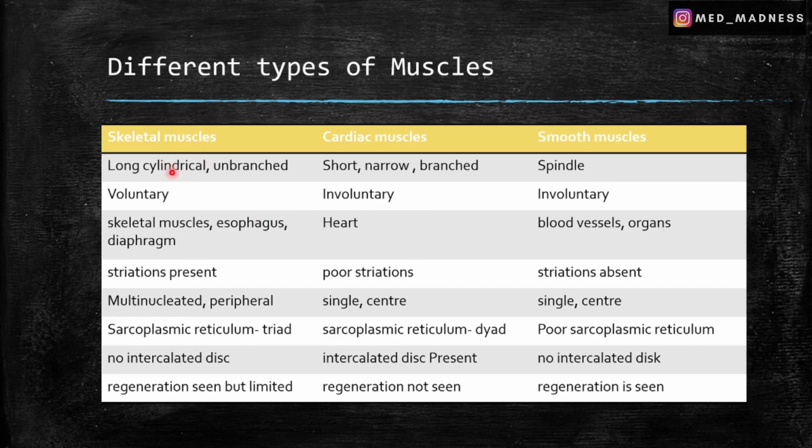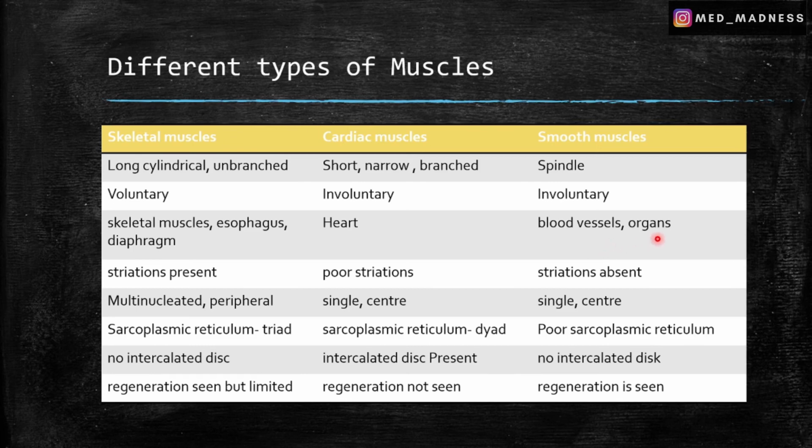Skeletal muscles are voluntary, under our will. Cardiac muscles and smooth muscles are involuntary, under the autonomic nervous system. Skeletal muscles, for example, are found in the esophagus and diaphragm; cardiac muscles in the heart; smooth muscles in the blood vessels and organs.